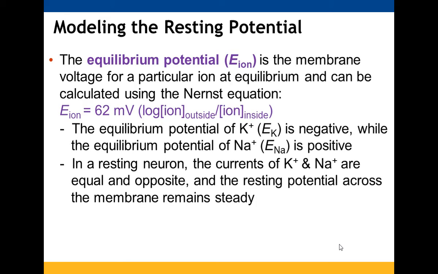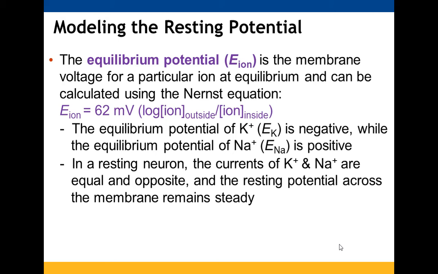We can actually measure or calculate this equilibrium potential for specific ions using what's known as the Nernst equation, which gives you that the potential or the voltage of that particular ion is equal to 62 millivolts times the log of its outside concentration divided by the inside concentration. And so you take the log of that ratio.